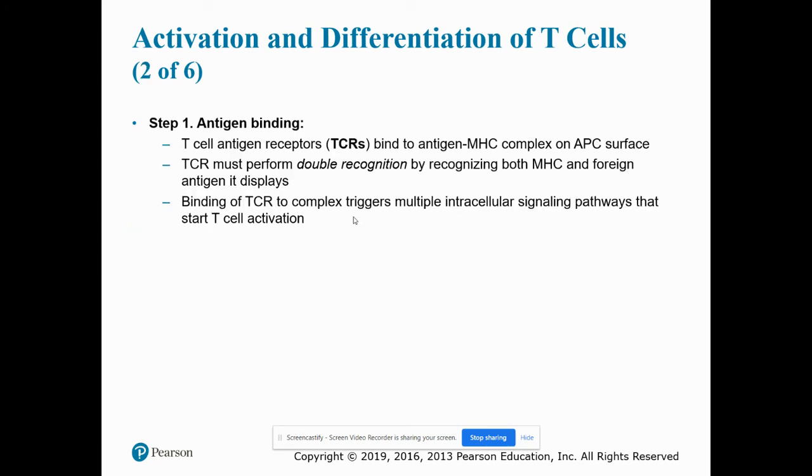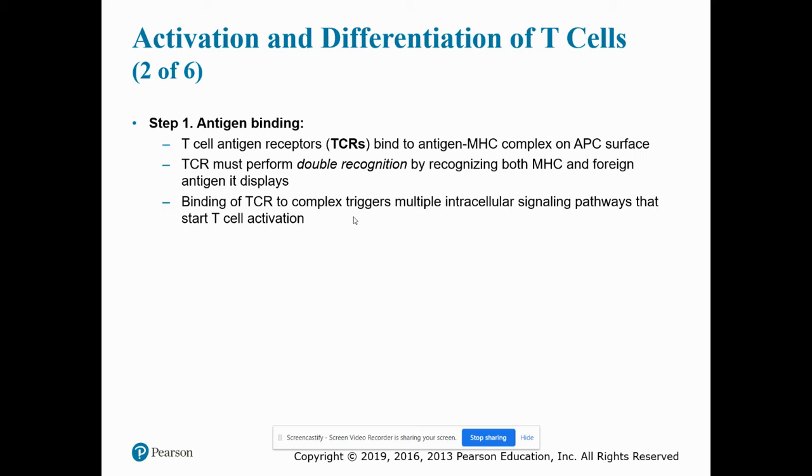So with antigen presenting, the T cell receptors bind to the antigen MHC complex on the antigen presenting cell surface. So again, we go back to remembering the fact that we have antigen presenting cells and they have this MHC protein on them.